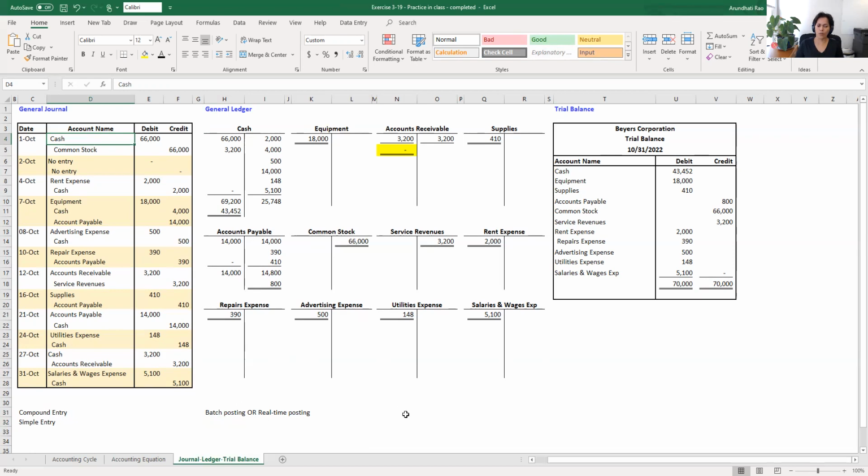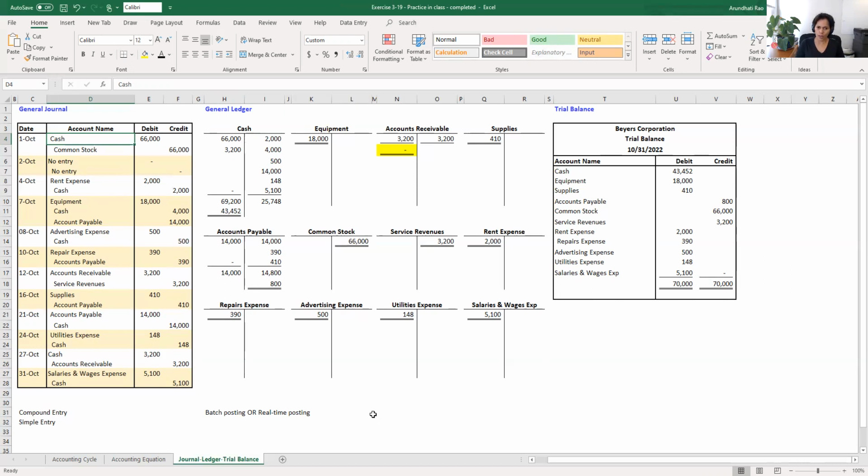With the accounting software, real-time posting is absolutely an option for everyone. It's no big deal. You do your journal entry, it'll automatically go over here. And in fact, it automatically even brings it into the trial balance. When you do it manually, you have a choice how you want to do it. Again, it's up to the accountant how they would want to do it.